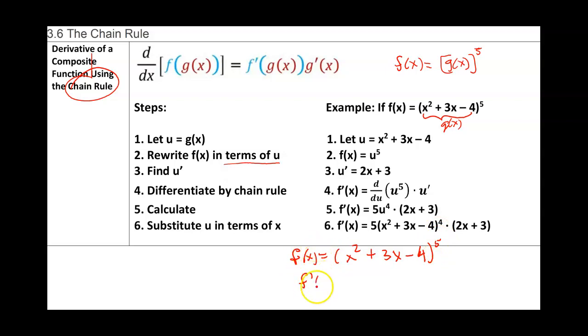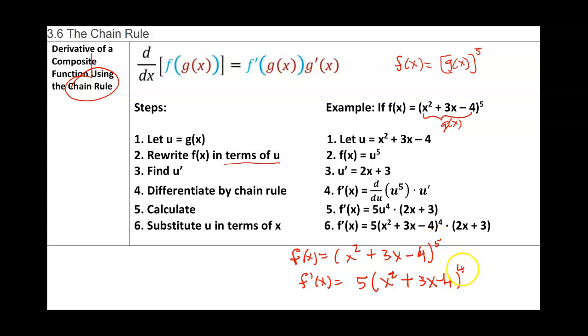So when we take f prime of x, we just take the derivative like we normally would. So the 5 comes down. So we have 5, and then this doesn't change, right? So it'll be x squared plus 3x minus 4. And we subtract an exponent because of the power rule, so this becomes 4.